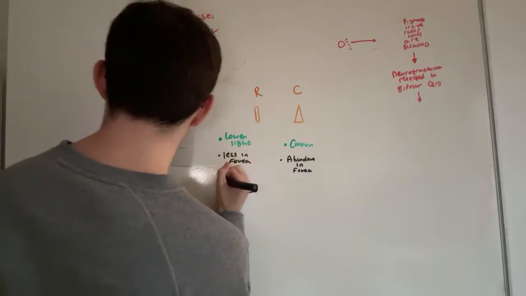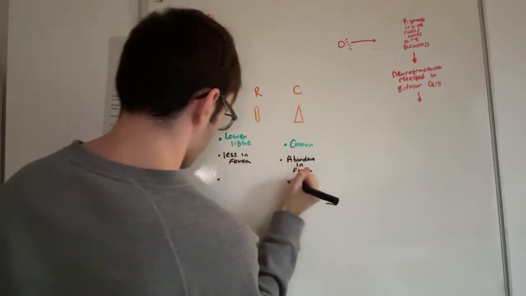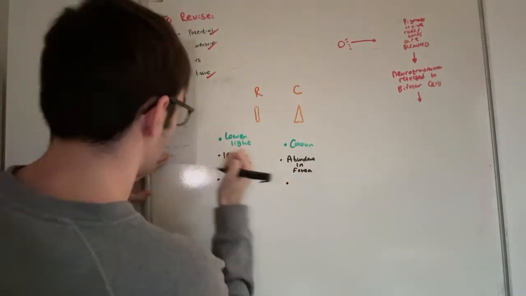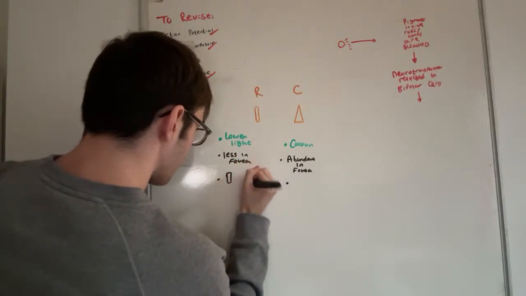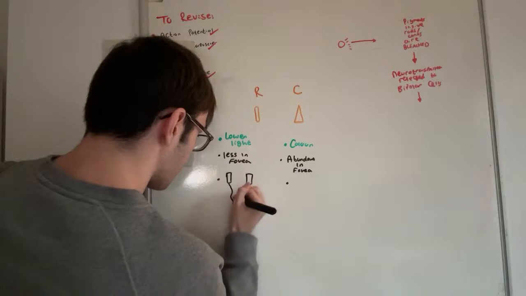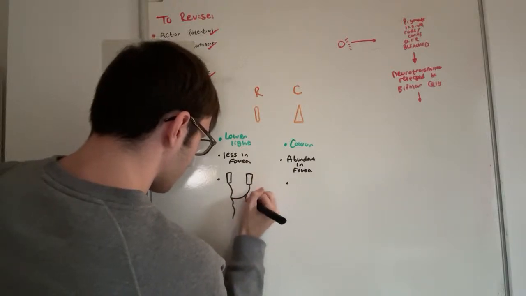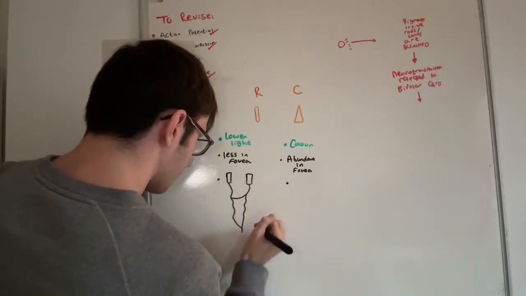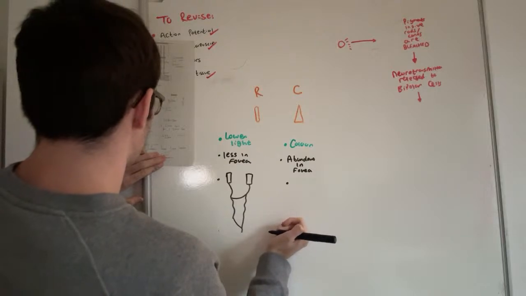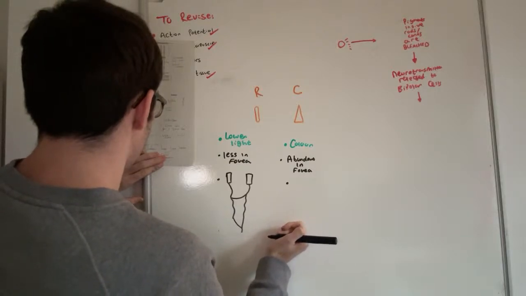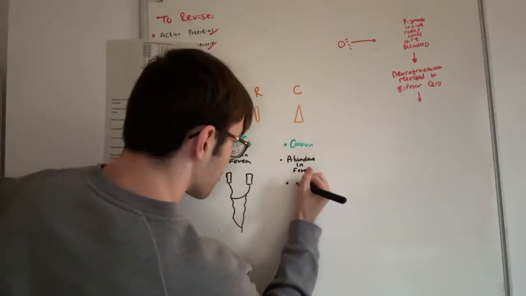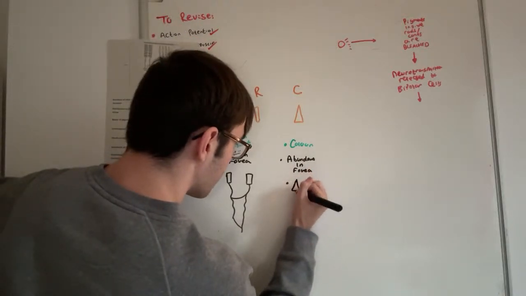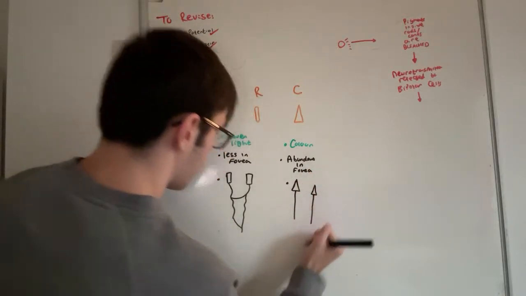Convergence is different for rods and cones. Each rod is connected to multiple bipolar cells, but with cones, it is going to be one per.